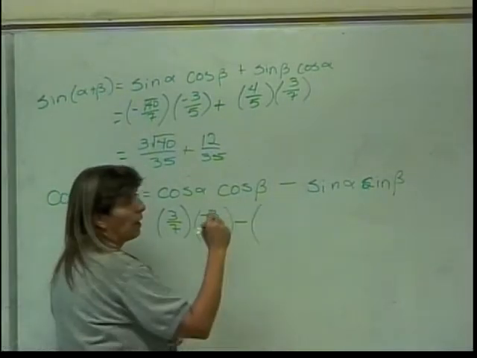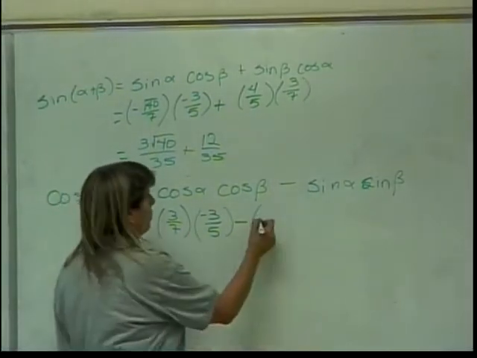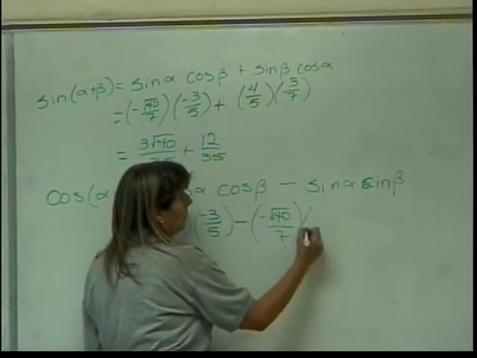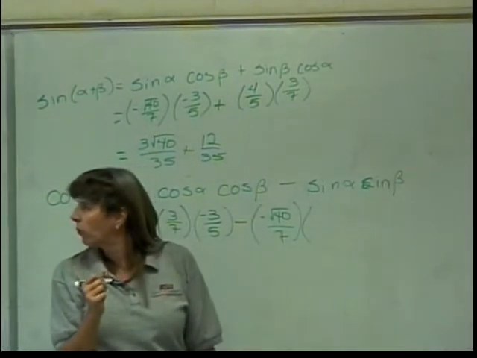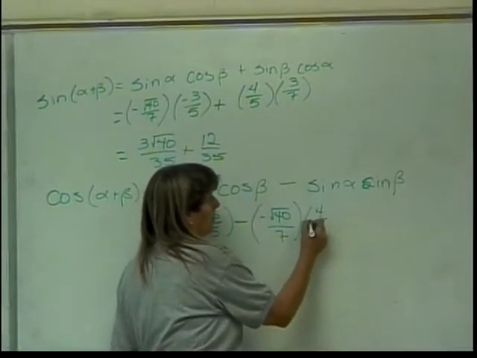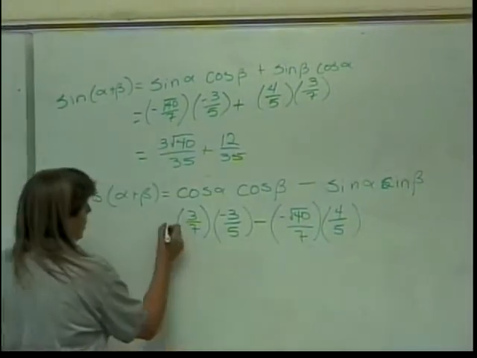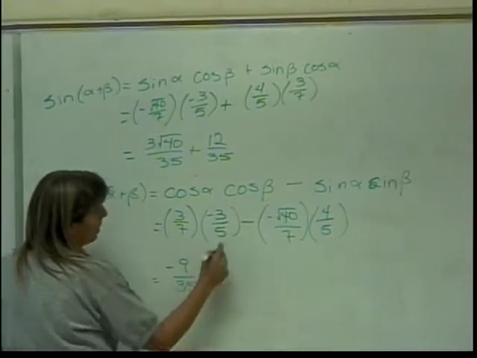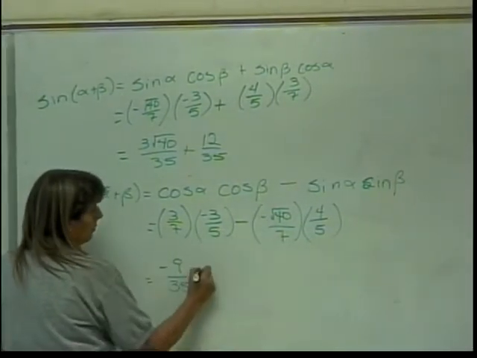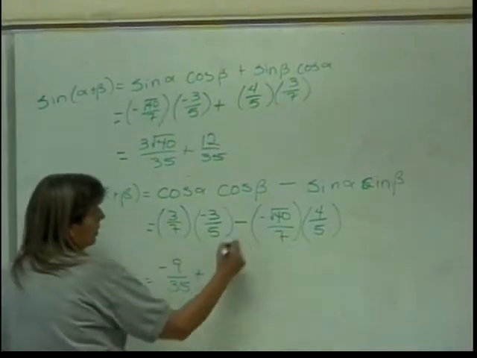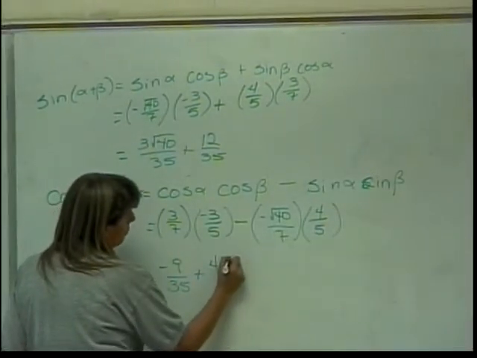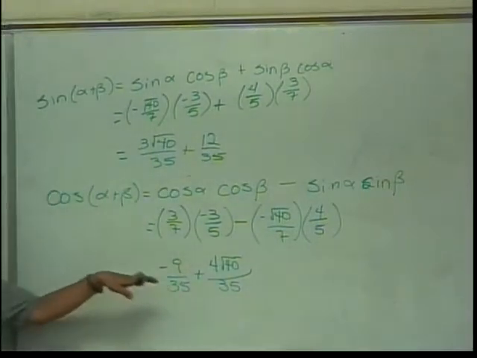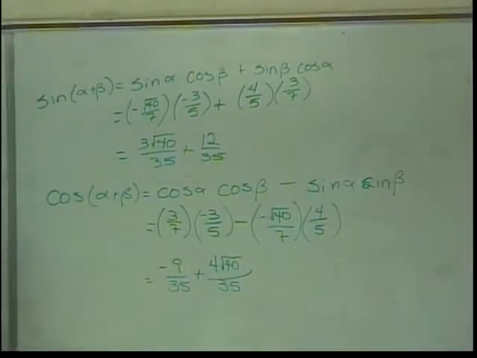Minus the sine of alpha, which was -√40/7. And the sine of beta was 4/5. So this will give me -9/35. This negative and that negative become positive: 4 times the square root of 40 over 35. So that's the answer for the cosine of alpha plus beta.